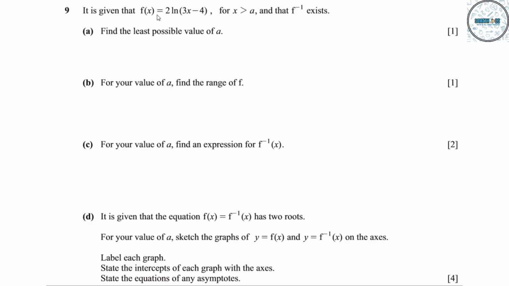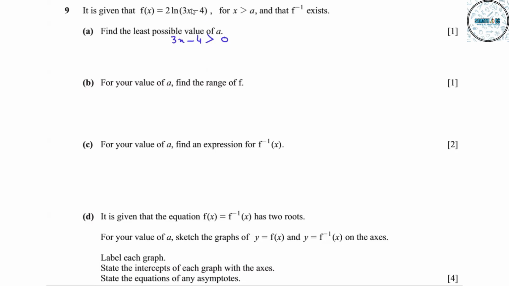Question number 9. It is given that f of x is equal to 2 ln (3x minus 4) for x greater than a and that f inverse exists. Find the least possible value of a. For ln function, 3x minus 4 must be greater than 0.